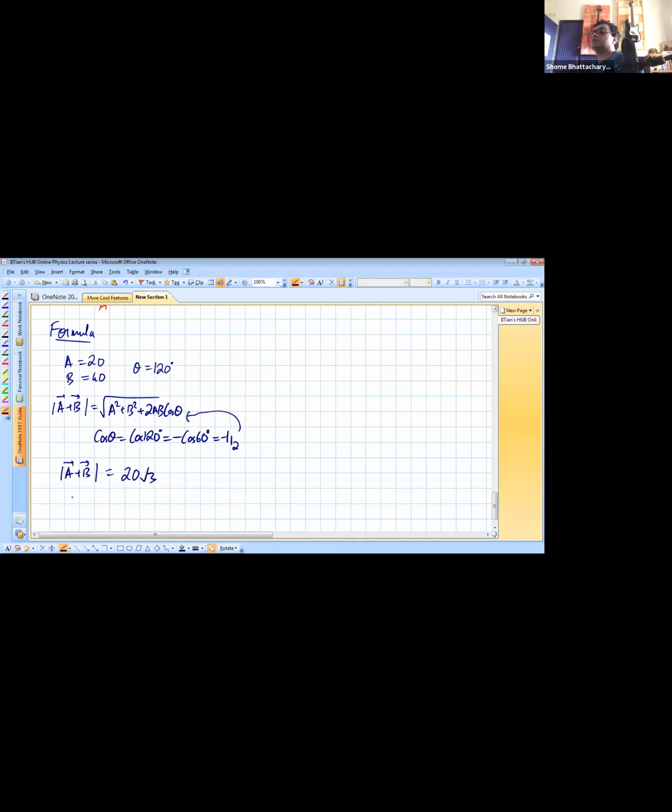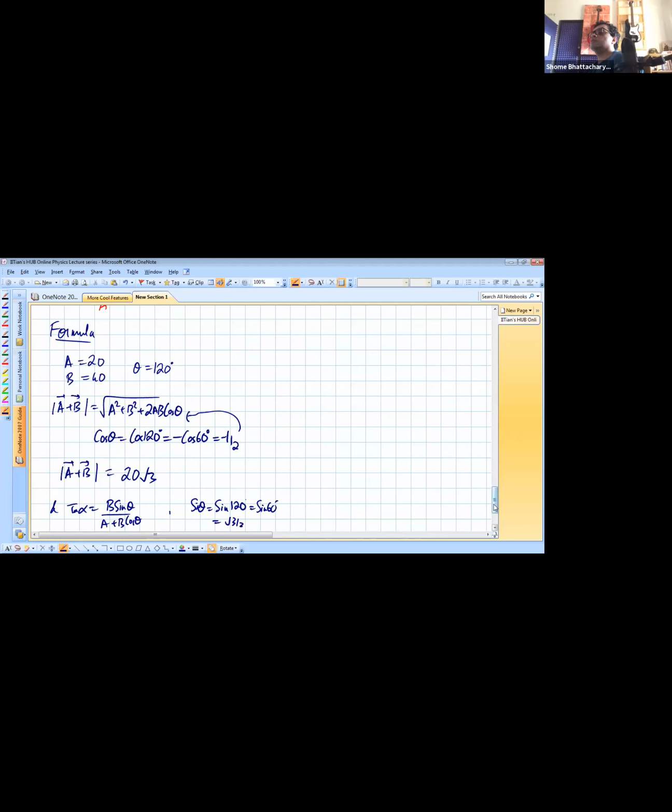And also you will have to substitute this: tan alpha is equal to B sin theta upon A plus B cos theta. So in this, when you substitute, sin theta will become sin 120, which will become positive of sin 60, or root 3 by 2.